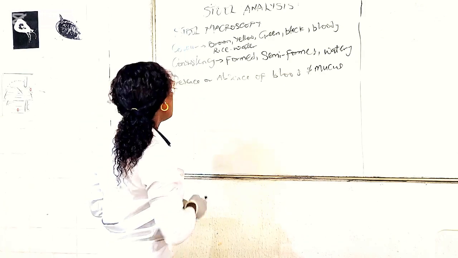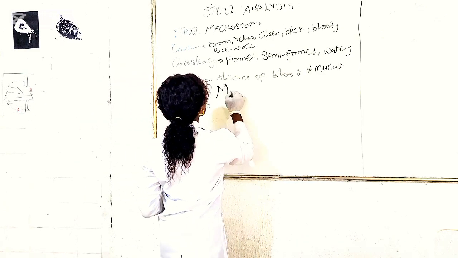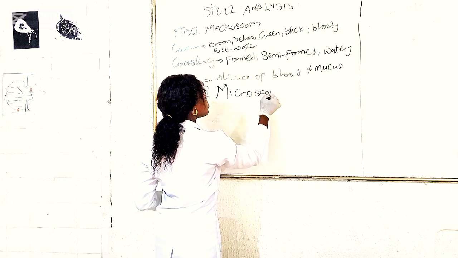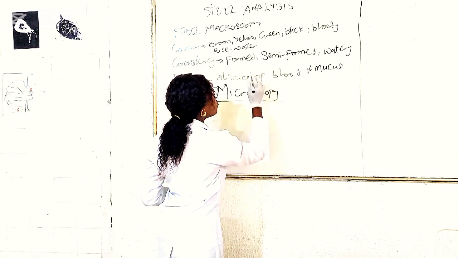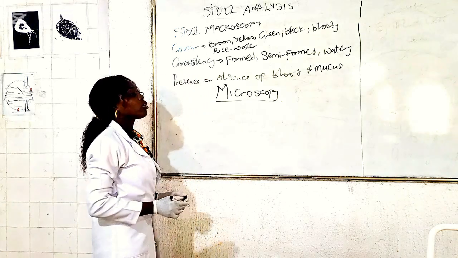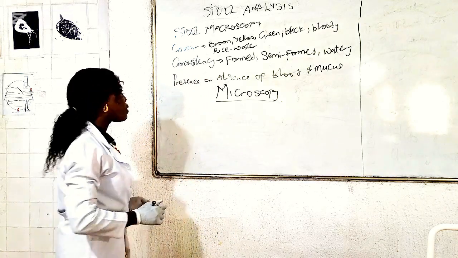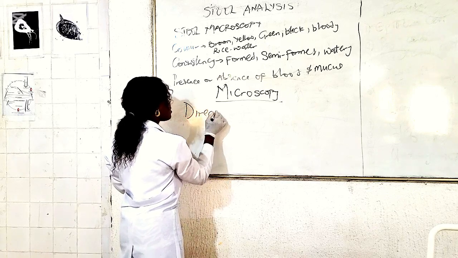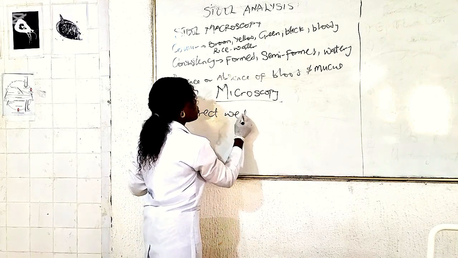That's for macroscopy. Now move on to the microscopy. Remember, we are analyzing stool. We'll move on to our microscope. For the microscopy, the first thing you want to do is the direct wet preparation.